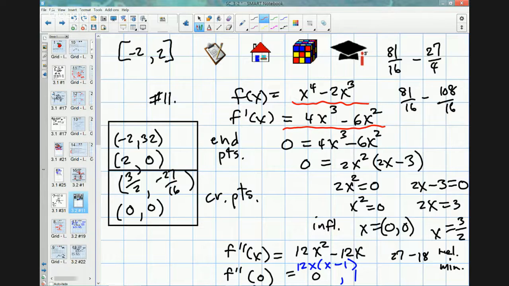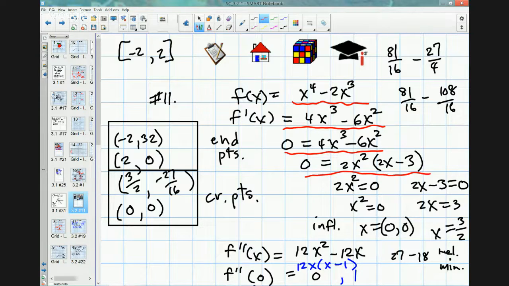Will that ever be undefined? 4x cubed minus 6x squared? Again, there's no denominator, so we don't have to worry about division by 0. There's no root, so we can't worry about an even root of a negative. So let's just find out when the derivative could be equal to 0. Can we factor it?